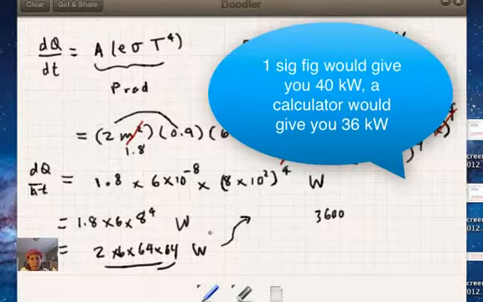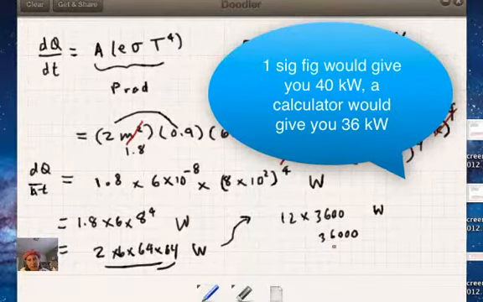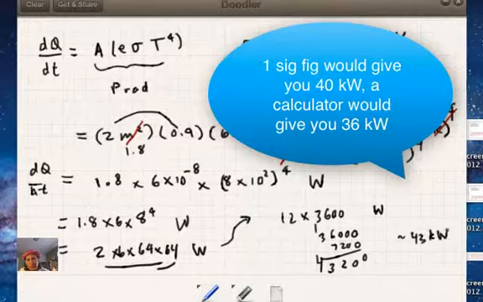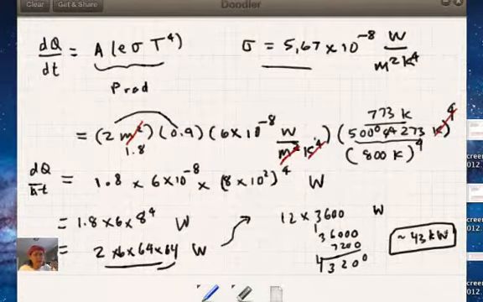I know that's not right. 2 times 6 is 12 times 3,600. 12 times 36 is 10 times 36 plus 72, so 432. Carry the 1. This is about 43 kilowatts is what is radiated back into space.